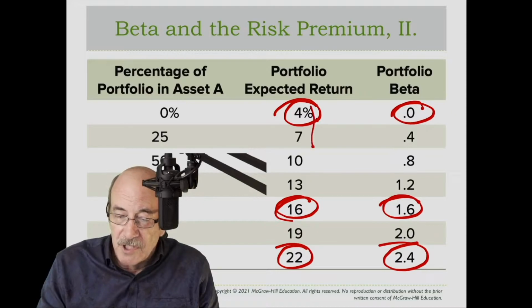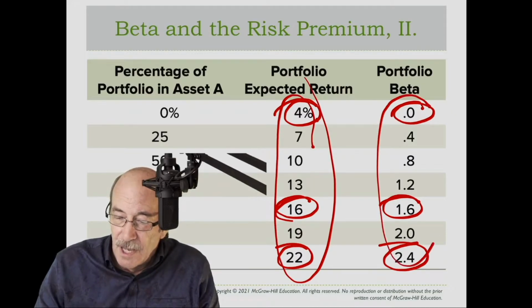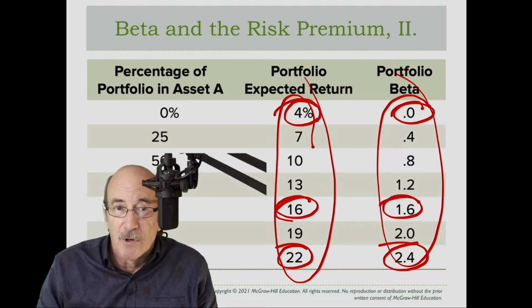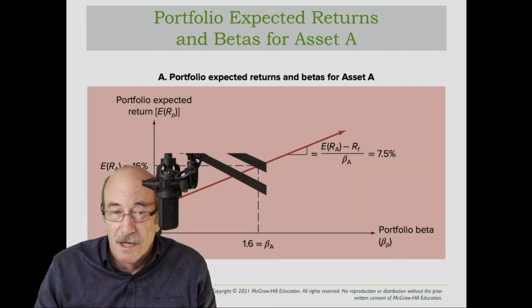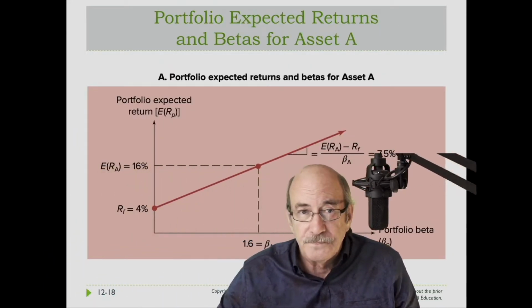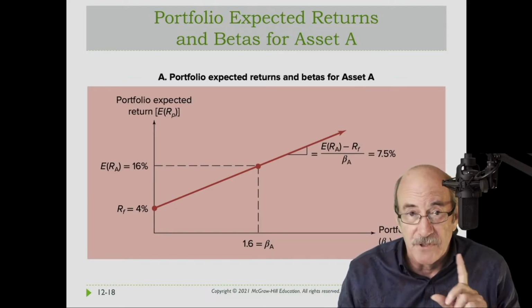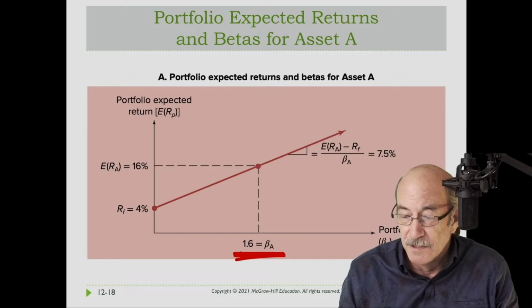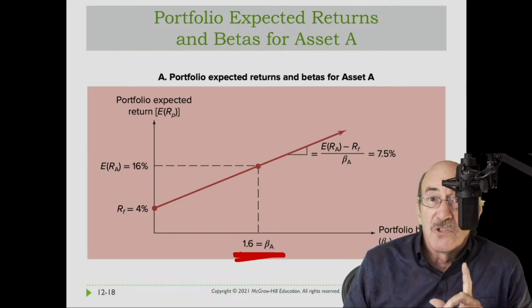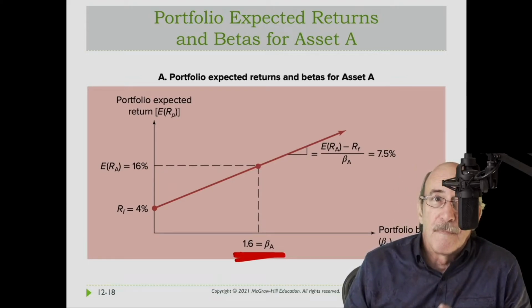So we're going to take all of this data here, and we're going to plot it on a handy-dandy graph. When we do that, notice that down here we've changed the x-axis. It used to be standard deviation, and remember, that's total risk, right?